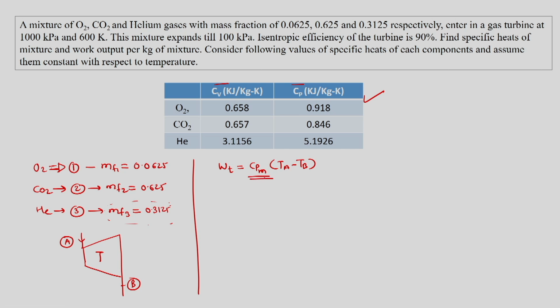So we need to find out Cp of mixture. For that we can say Cp of mixture is equal to sigma MFi Cpi.